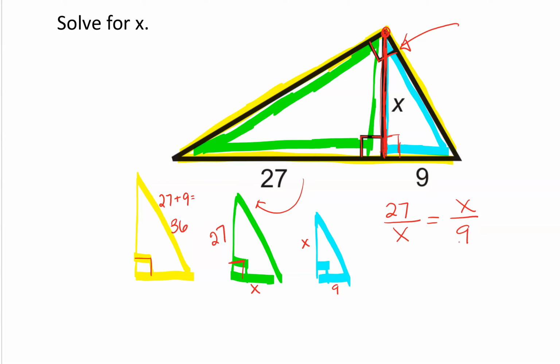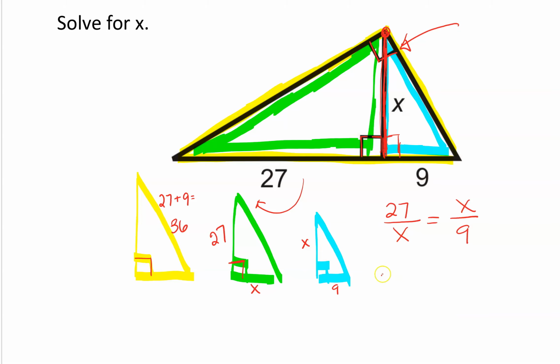Either way I work it out, it would come out the same. If I said the green to the green is equal to the blue to the blue, you get the same thing either way. So using similar triangles, we set up a proportion, and let's look at what happens when we solve this.